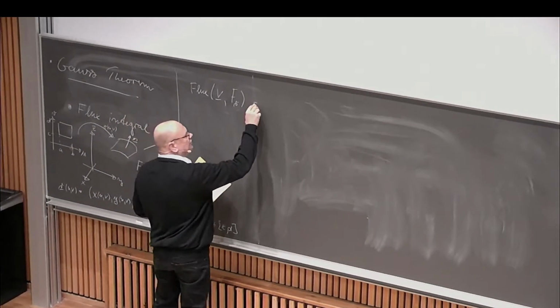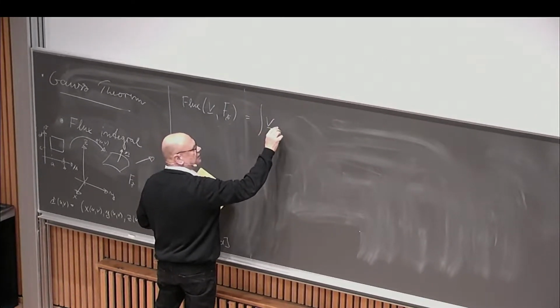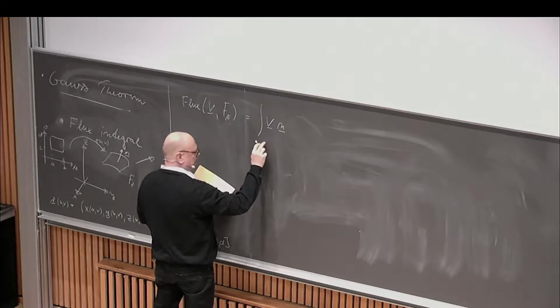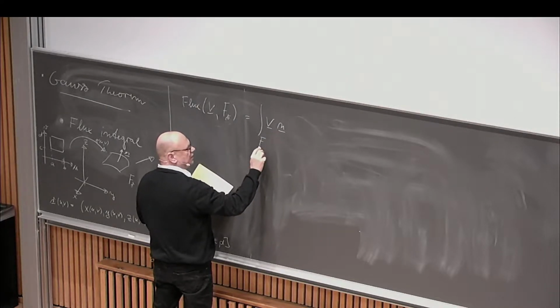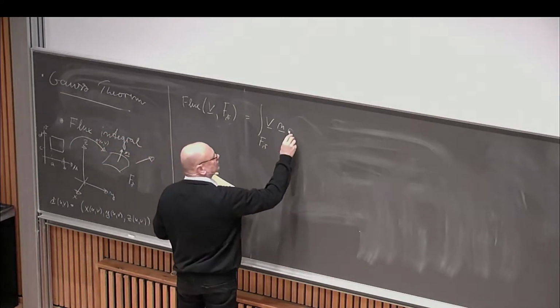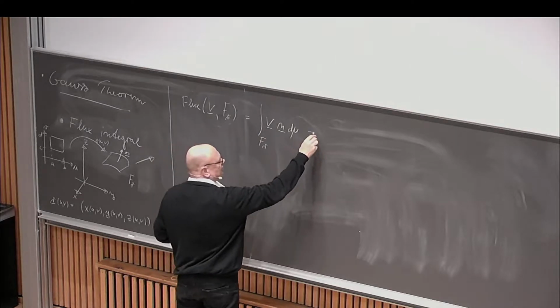And it's simply defined as the dot product between the vector field and the normal vector, and then you integrate across the surface, or you sum up all contributions in this fashion.